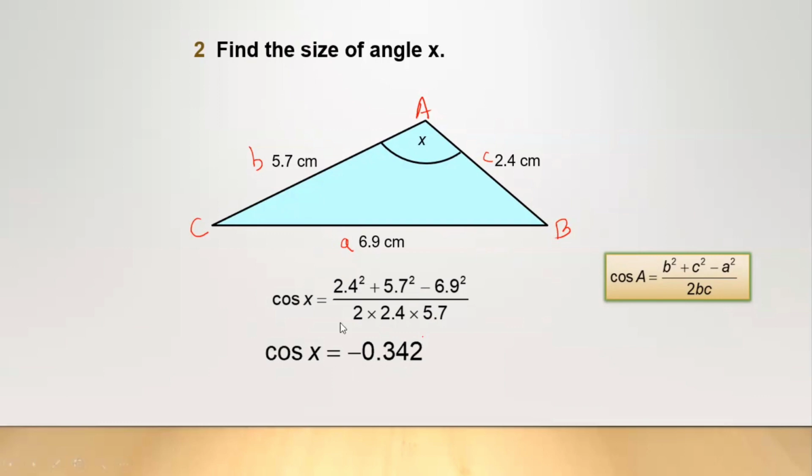Now x is equal to cos inverse minus 0.342, which is equal to 110 degrees. Remember, this is minus. This is how we got the value as minus 0.342, and x is equal to cos inverse of minus 0.342, which we get as 110 degrees.